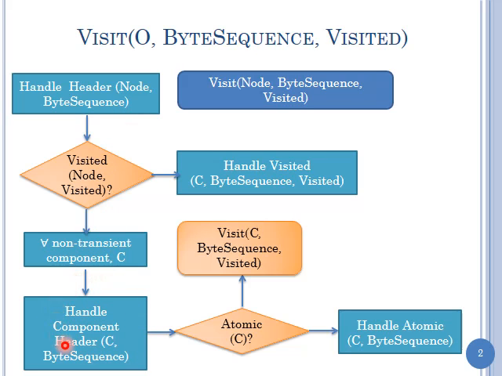Then you take each component, you send some information about the component, right? And then you see whether the component is an atomic value or not. If it's atomic, you just send the value across. Otherwise, you have to recursively visit the component and come back to this point.